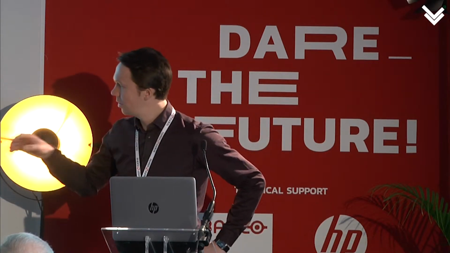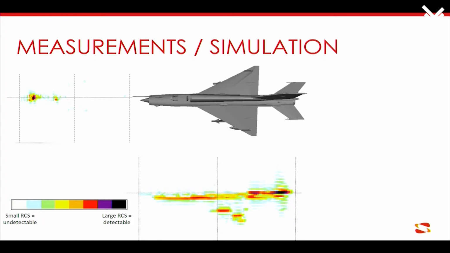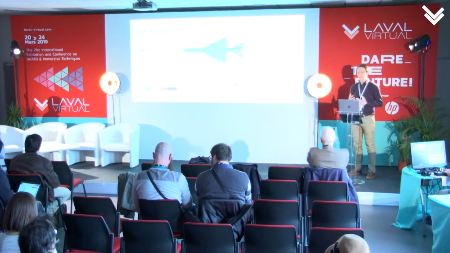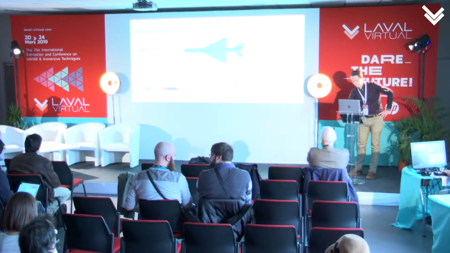So for the color on the left, the white color means the aircraft is undetectable, but if it is black, it's more detectable. They are called shining points because they are the points the enemy can see in their radar.